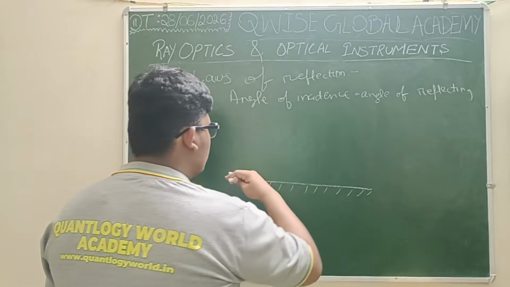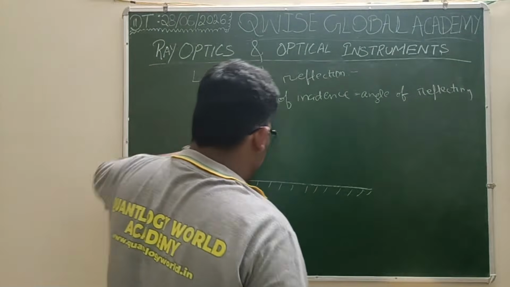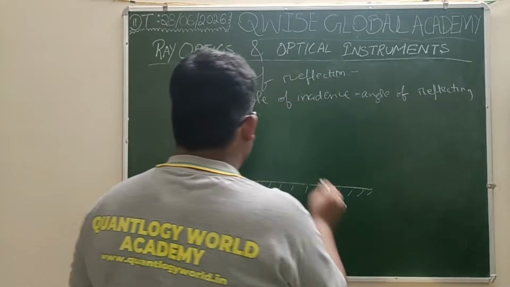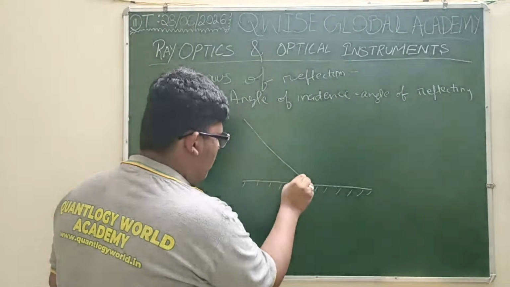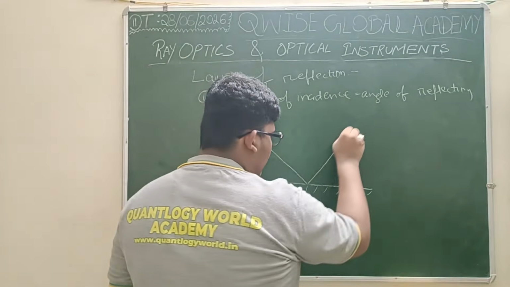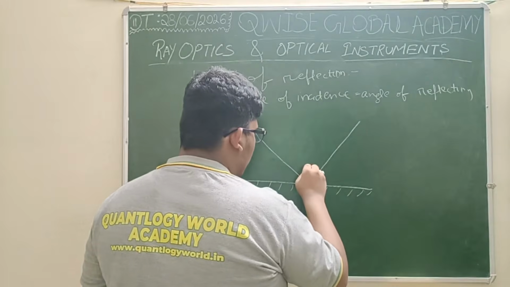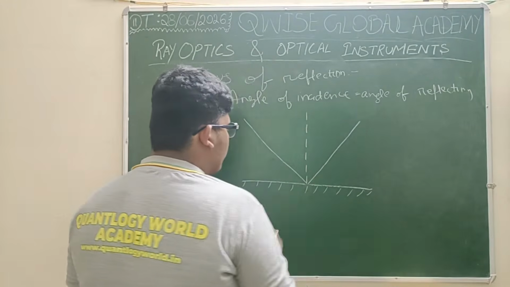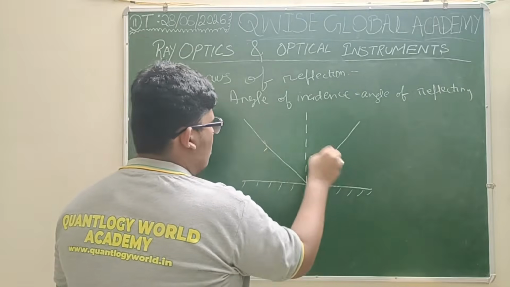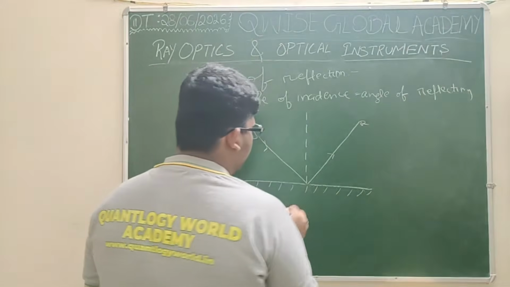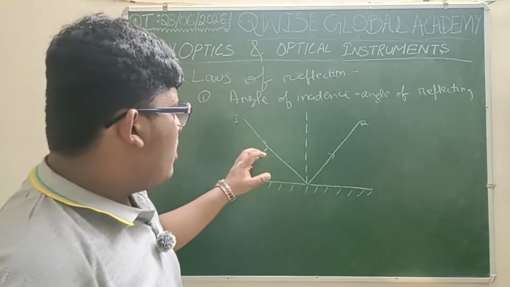Let's say this is a polished surface. This is the incident ray falling on the reflecting surface, reflecting back in a proper manner. This is the normal, which is perpendicular to the reflecting surface. Here we will say I, R. What is angle of incidence?